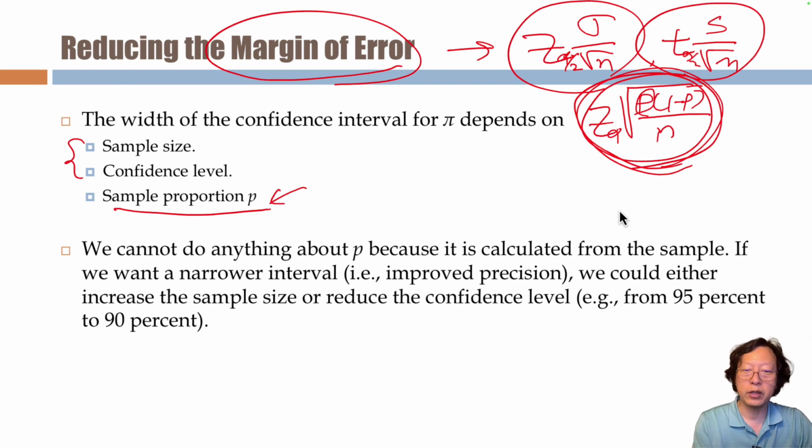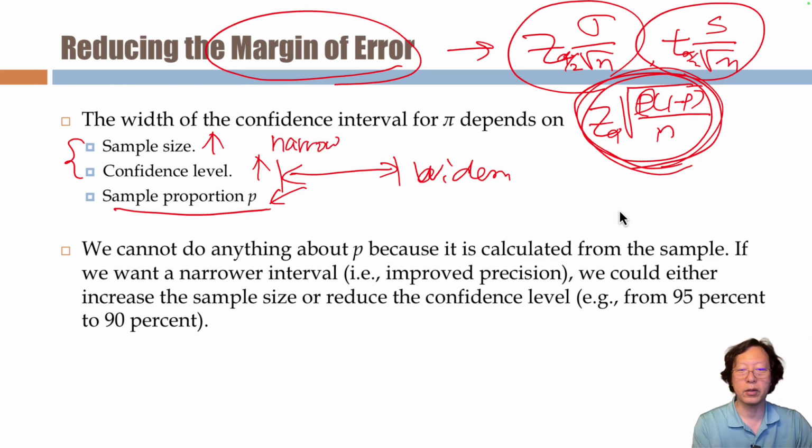So if you increase the confidence level, the interval will widen, and if you increase the sample size, it will become narrow, right? It's a different way. If you increase the sample size, you become more confident, so you can narrow.